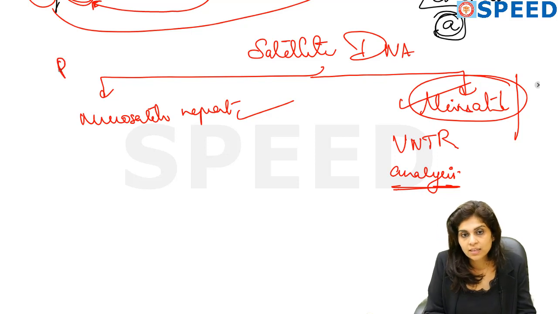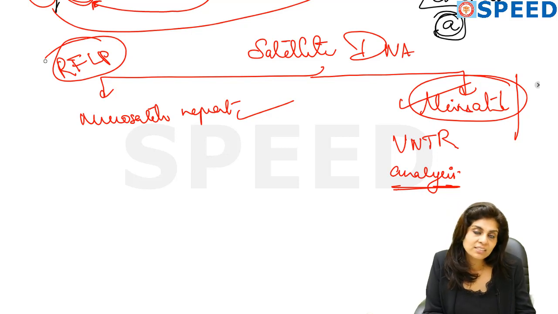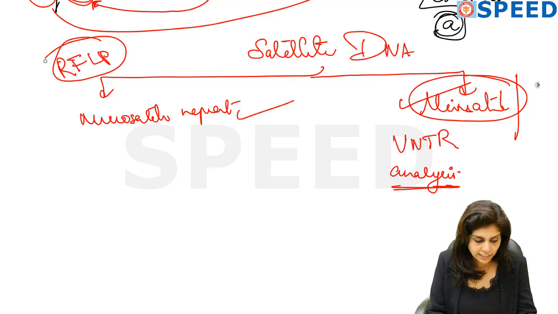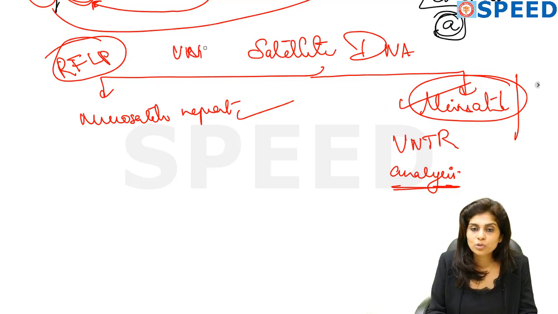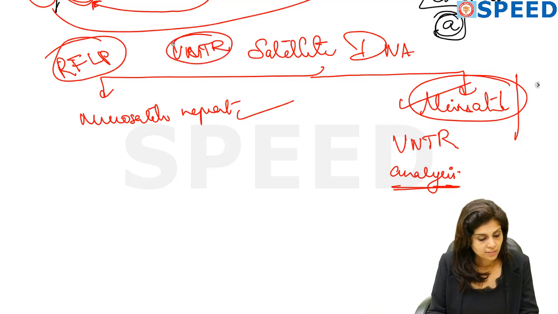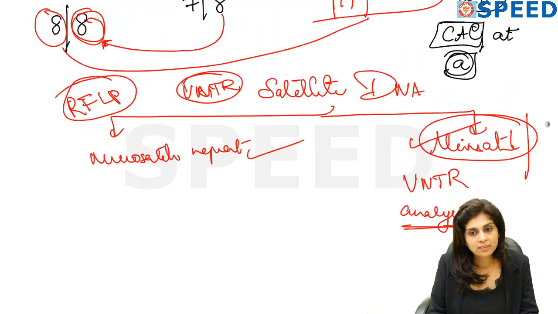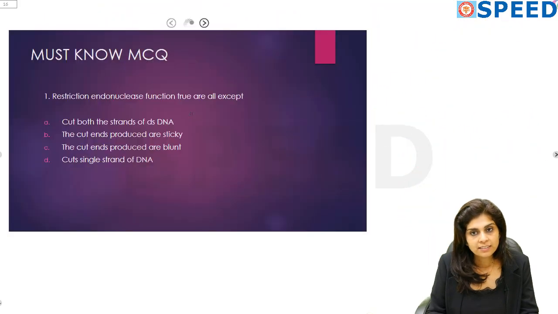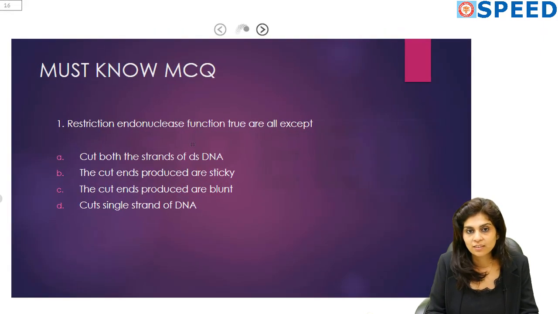This is called RFLP or restriction fragment length polymorphism. And these days we have started using satellite DNA, and the other name for mini satellite is variable number of tandem repeat. So VNTR analysis is also used for person identification. Okay. So if you know these facts, that would be more than enough. And let's discuss few MCQs to understand how much you have understood.